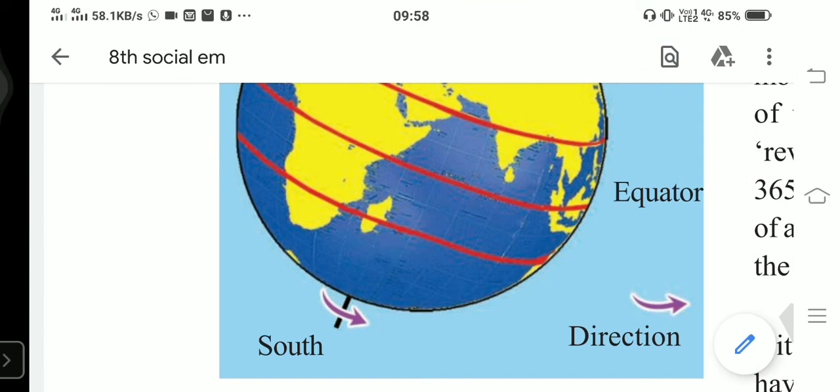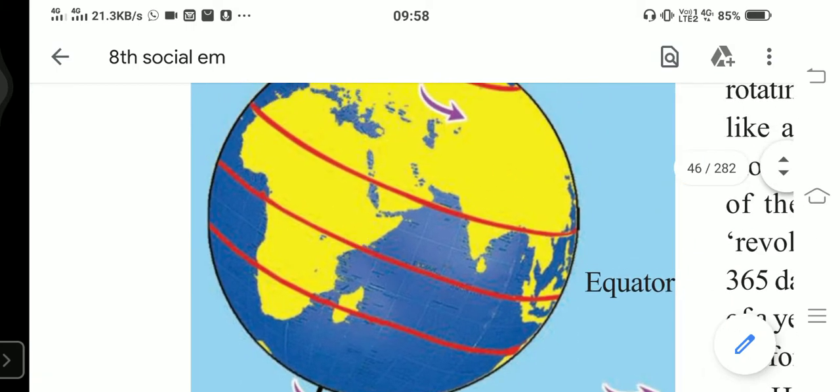So Earth rotates around this imaginary line, understand, and that is called Earth's rotation. The rotation of the Earth around its axis is called rotation.